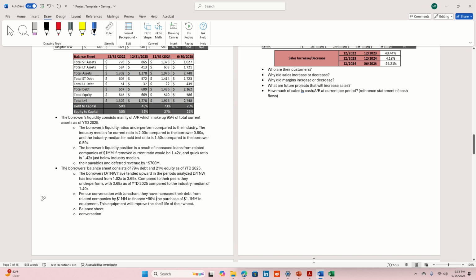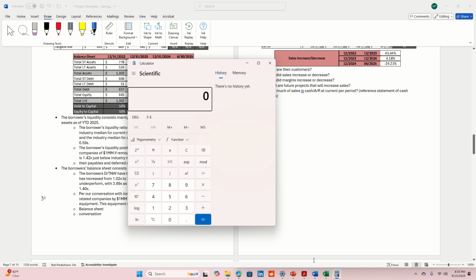And if you're wondering how I came up with 90%, well, let's run this number real quick. We're going to do 1 million divided by 1.1 million, and that gets us to 90%, right?